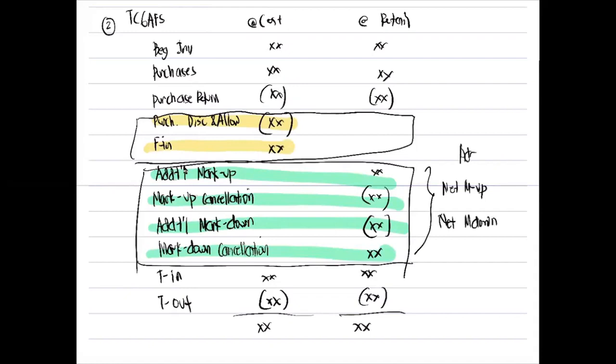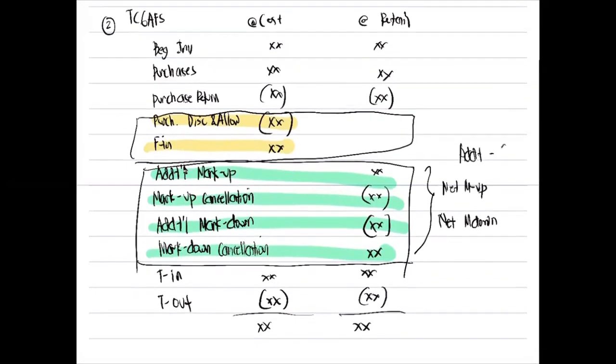So what is that? That is additional less cancellation. Pag markup yan, add. Pag markdown yan, deduct. Paano mag-compute? Additional less cancellation. So the additional of markup less cancellation of that markup is net markup. Net markdown is the additional of that markdown less cancellation of that markdown. And the effect of a net markdown is decrease. Okay, so look at these items that are different in our computation of our total cost of goods available for sale. For at cost, purchase discount and allowance, and freight in. At retail, the net markup and the net markdown.